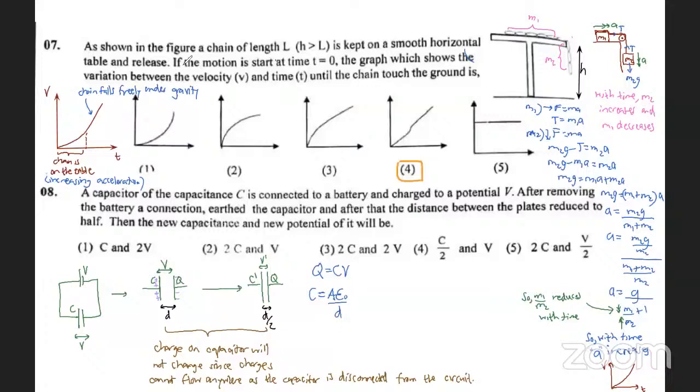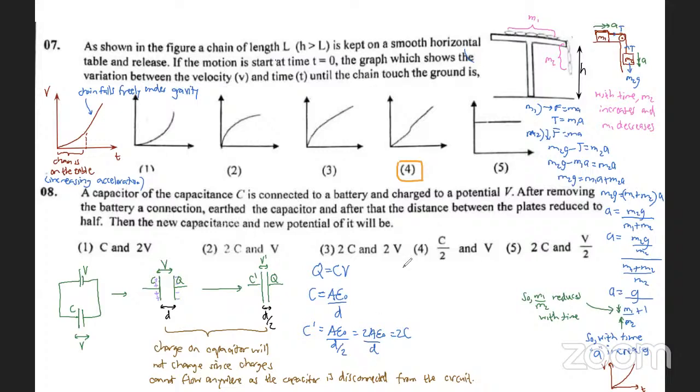And what is C dash now? C dash is going to be equal to A epsilon naught over d by 2, that is 2A epsilon naught over d, and that is equal to 2C.